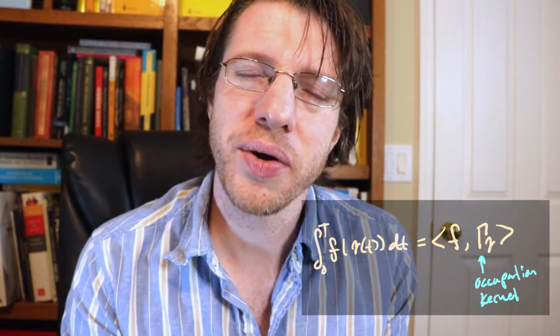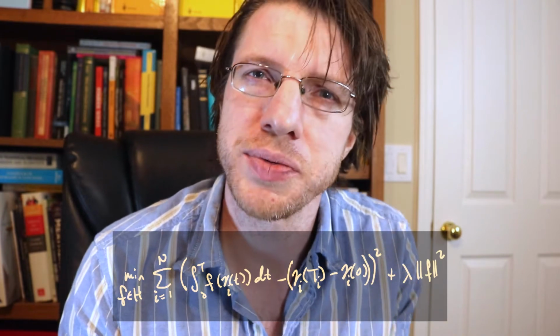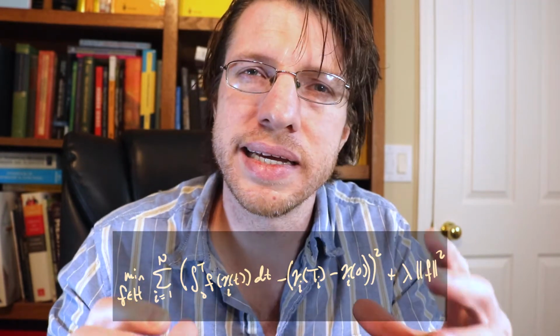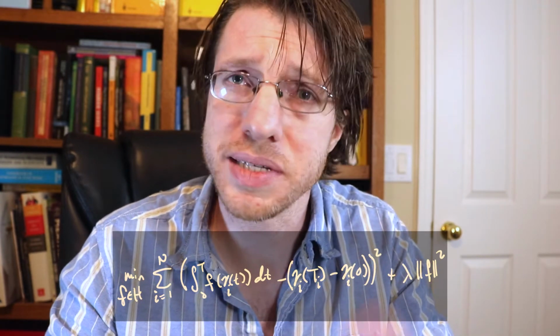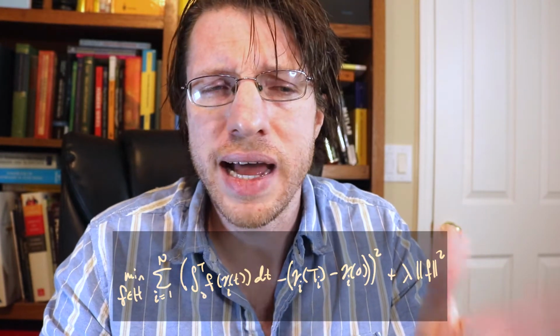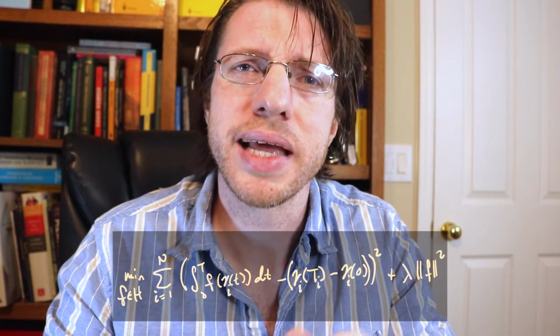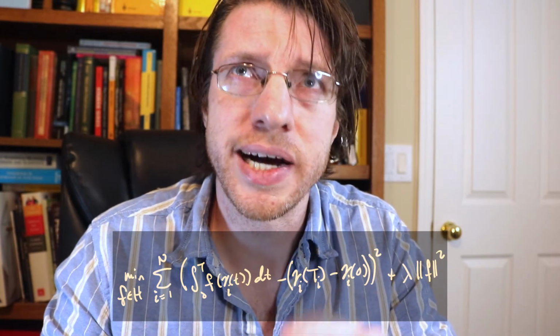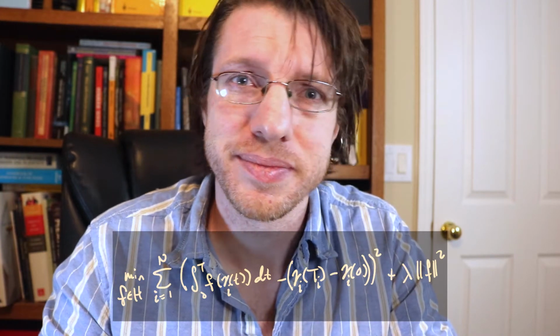What we're going to do is take a sum from i going from 1 up to capital N, where capital N is the number of trajectories we have, of the integral from 0 to capital T sub i of f of gamma sub i of t dt, and then subtract gamma sub i of capital T sub i minus gamma sub i naught.